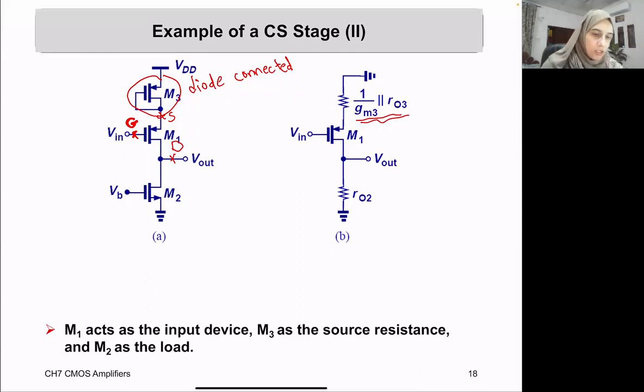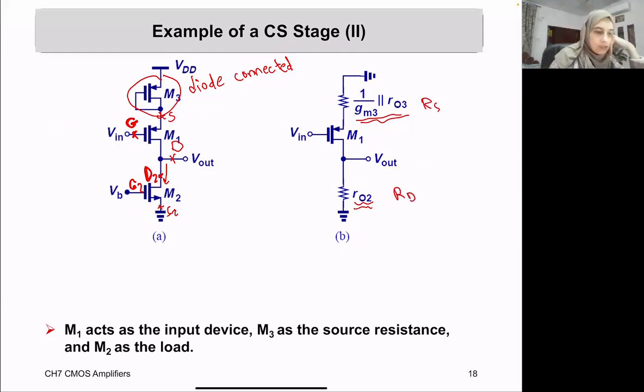Now, what about our RD? Our RD, which is connected to the drain here, is transistor M2, and we are looking from the drain side of M2. This is the source of 2 and this is the gate of 2. Since we are looking from the drain of M2, we have a high impedance of R out 2. So now this is our RS and this is our RD.